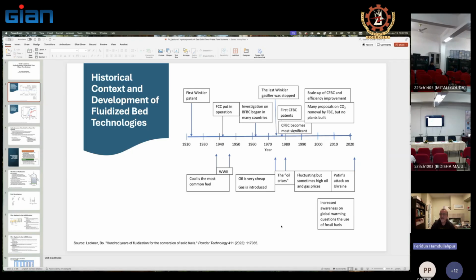Coal became very, very important basically for energy generation. And then fluidized beds became incredibly attractive for the reasons that we're going to cover. Then was the beginning of the circulating fluidized bed combustion era.